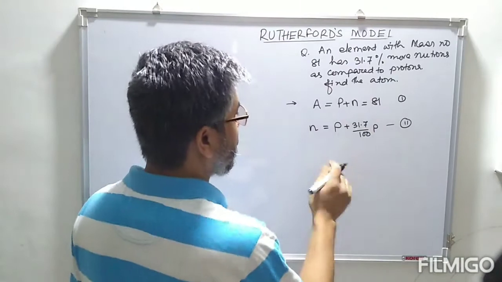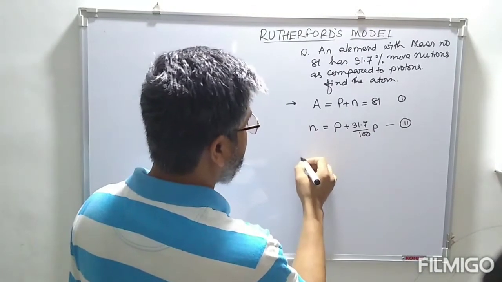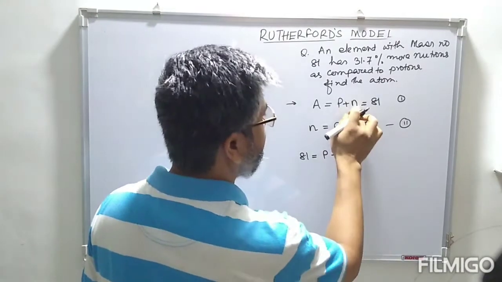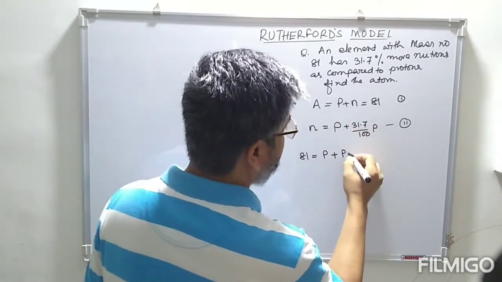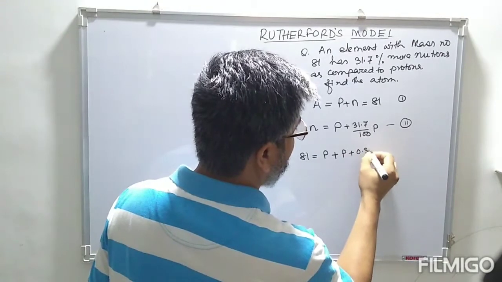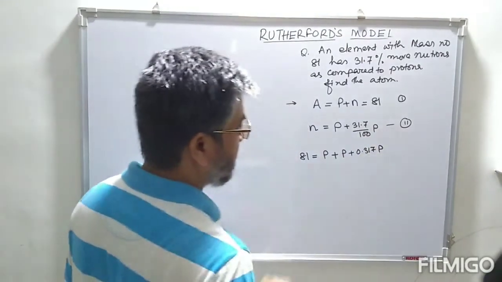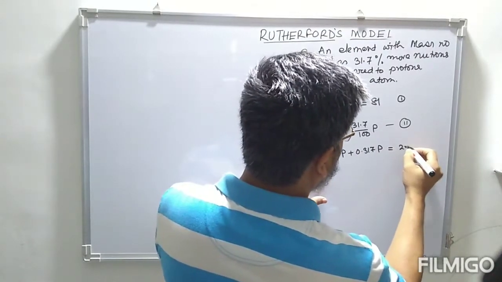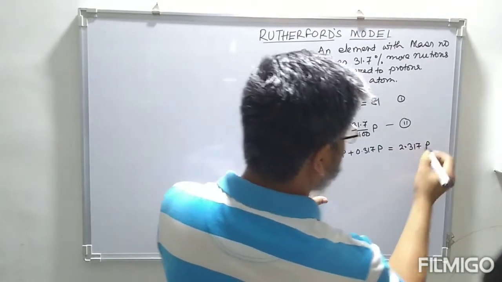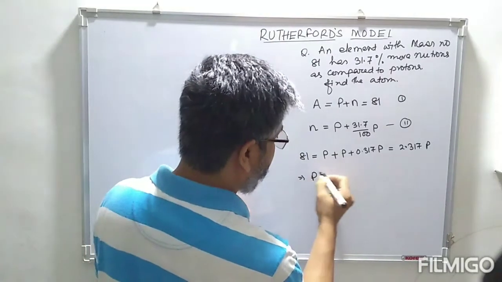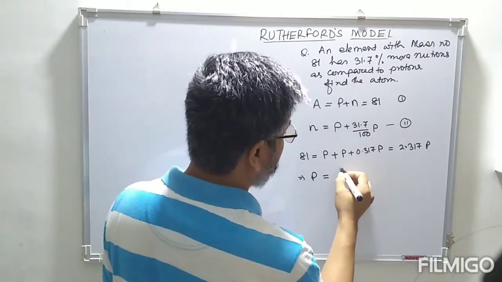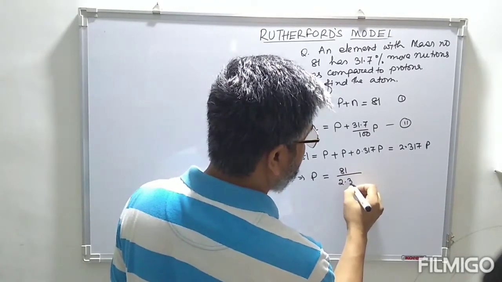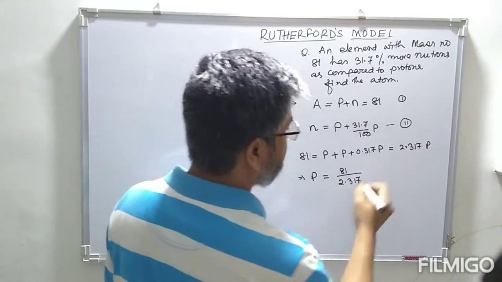So combining these two, A, that is 81, is equal to P plus N. N is P plus 0.317 P. So this equals 2.317 times P. So therefore P is equal to 81 divided by 2.317.